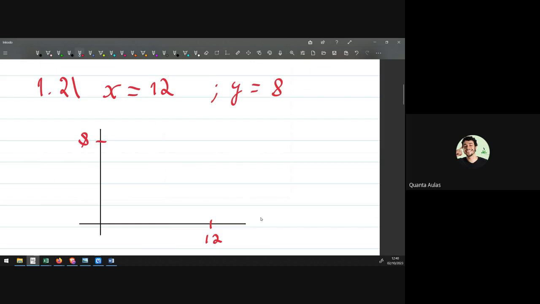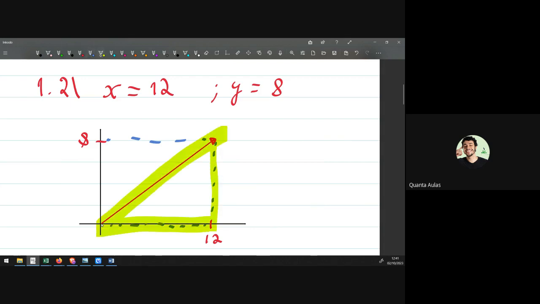And you have this vector. But if you put these lines, you can see, in some sense, a triangle, okay? Because this line is equal here. So you have a triangle with the coordinates 12 and 8.